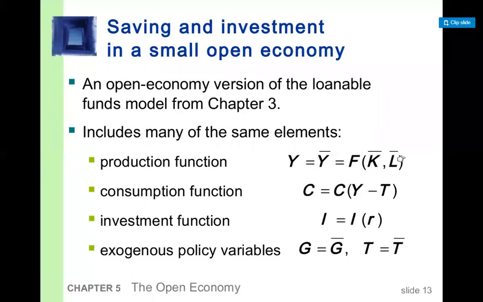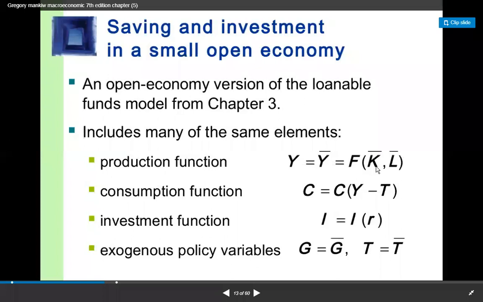When our inputs are fixed, then definitely you must keep in your mind that output is also fixed. That is why we write inputs and output with bars. So fixed output is a function of a fixed level of inputs.